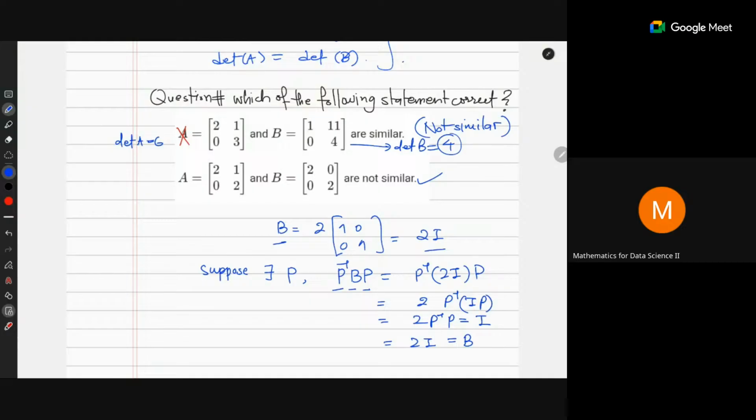If you plug in B equal to 2I, you will get B back. You cannot get A back. So B is only similar to B. This is a very specific case, so you need to go case by case. A scalar matrix is similar only to itself.